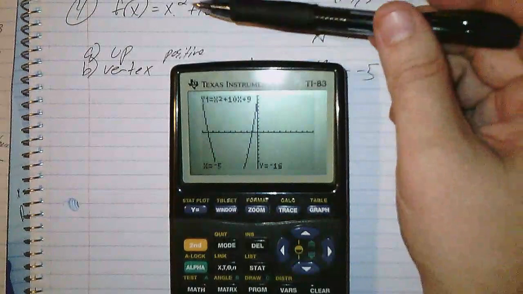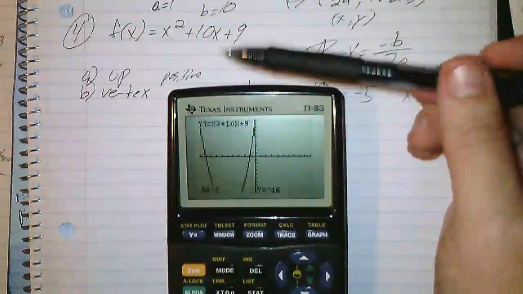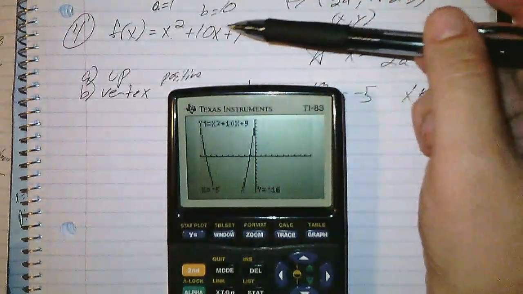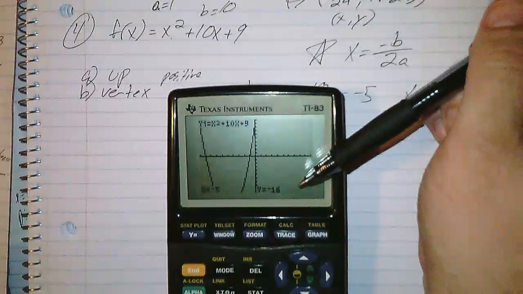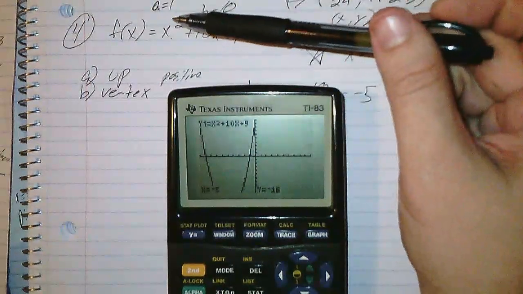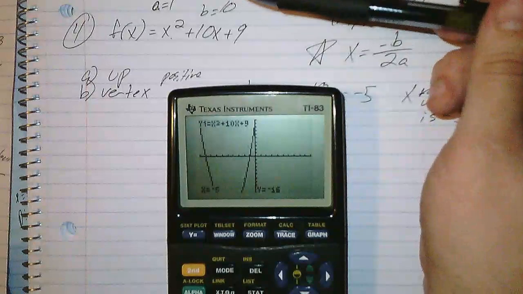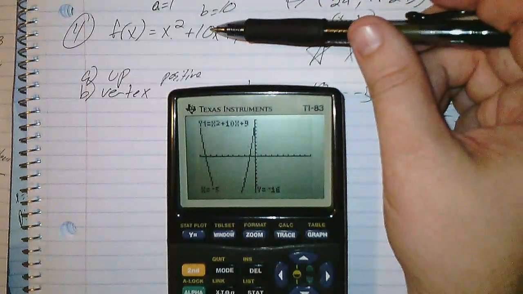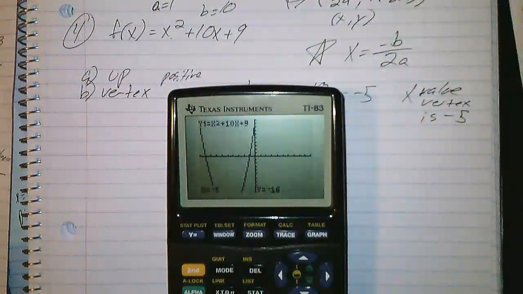Again, we could plug in -5 into x squared plus 10x plus 9. And that would be 25 minus 50 plus 9. And that would come out to -16.